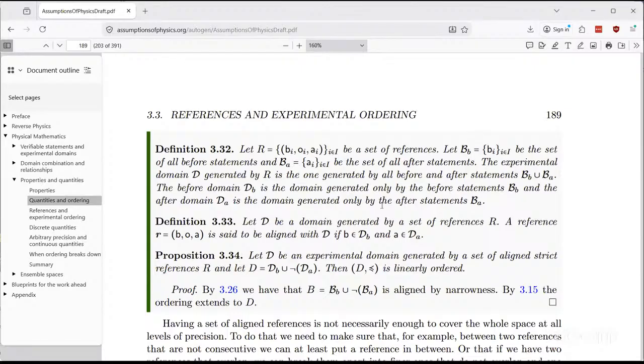The experimental domain D generated by R is the one generated by all before and after statements, B_V union V_A. The before domain D_B is the domain generated only by the before statements B_V, and the after domain D_A is the domain generated only by the after statements V_A.